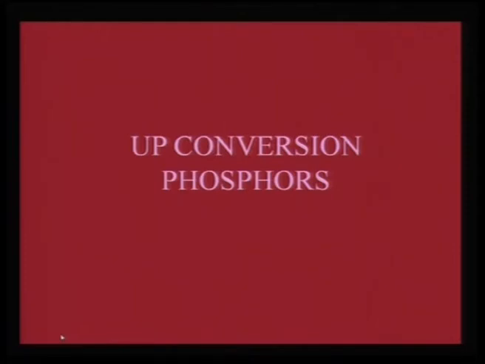Another example of these phosphors are up conversion phosphors. As we know, when we use UV light, you will get emission of a higher wavelength, in other words lesser energy.